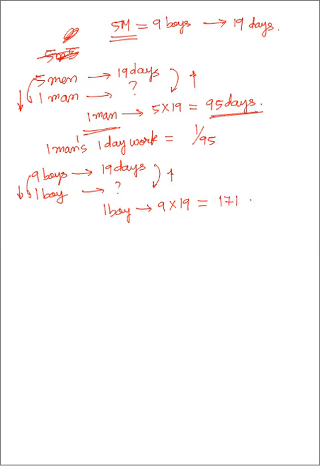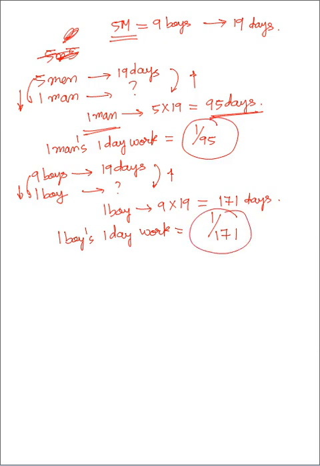So 1 boy's 1 day work is 1 by 171, because 1 by 171 added 171 times will equal 1. So if I consider total work equal to 1, 1 boy's 1 day work is 1 by 171, and 1 man's 1 day work is 1 by 95.